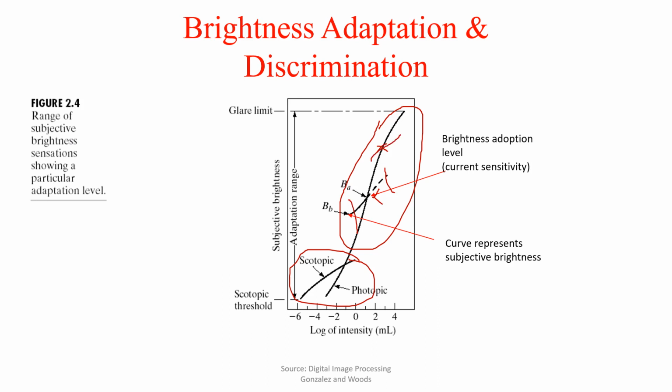Means at the same time I will be able to see this dark point as well as this bright point, but I won't be able to see the entire scale simultaneously at a given time. Okay, so we are not able to adapt to see the maximum intensity and minimum intensity at the same time. Regardless of the background of light, we should be able to distinguish between the details, like searching for a seat in a dark room. That is what the adaptation allows us to do.